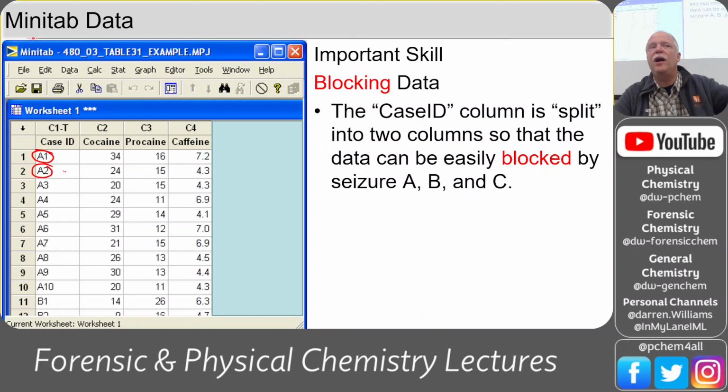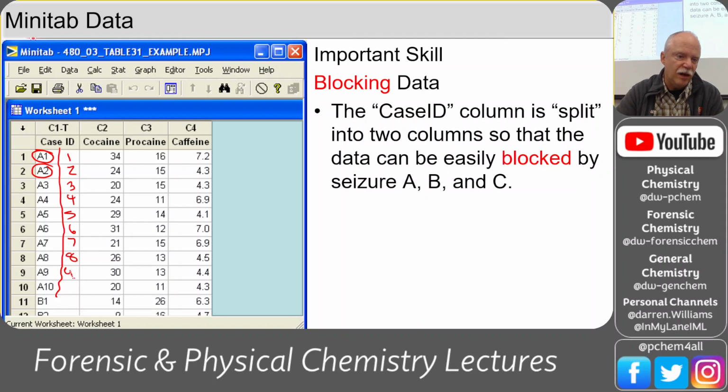Let's say somebody prepared this spreadsheet or this data set for us, and as an analyst, we're looking at this and we're saying, no, you got to split those two things apart. So we're going to actually have to split this case ID into 1, 2, 3, 4, 5, 6, 7, 8, 9, 10, so that this whole group is blocked by group A.